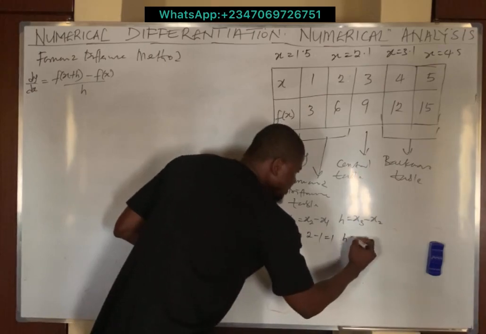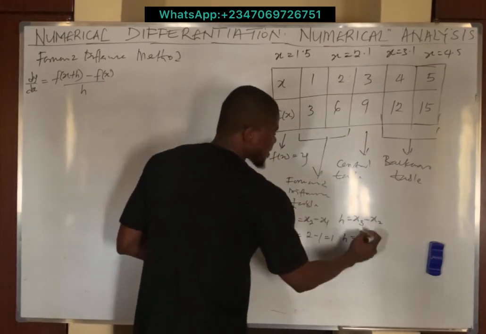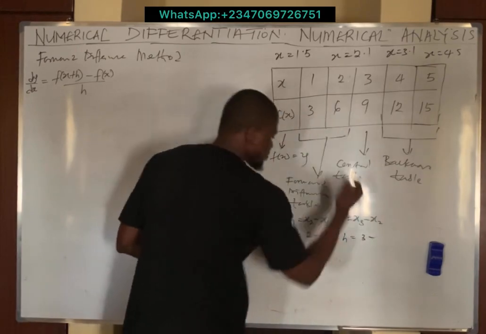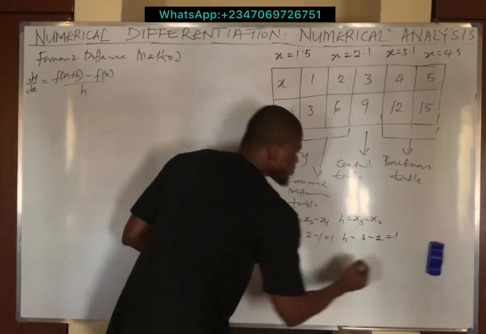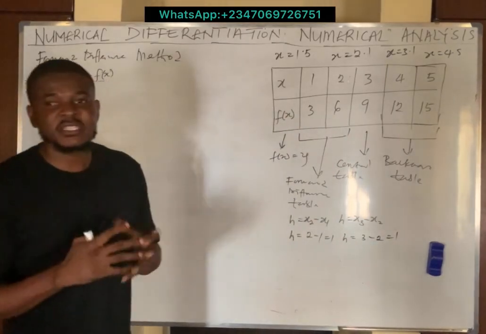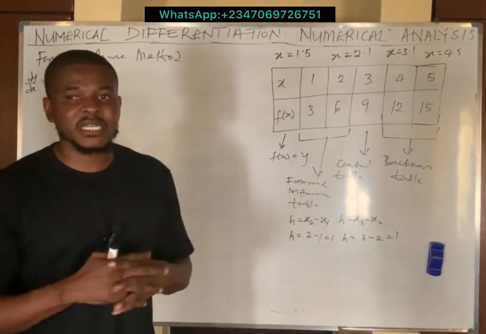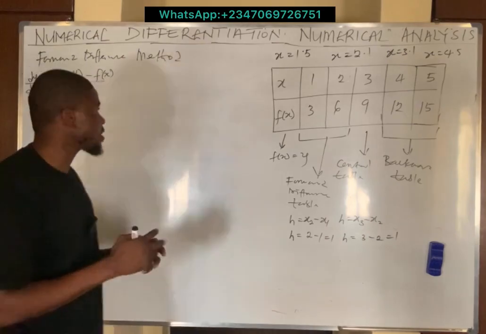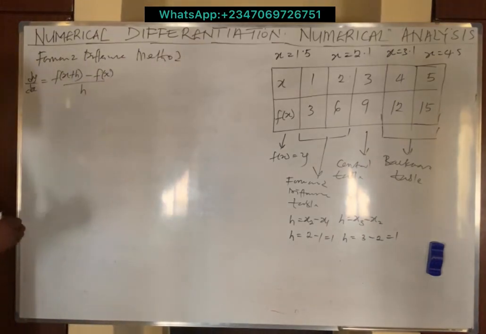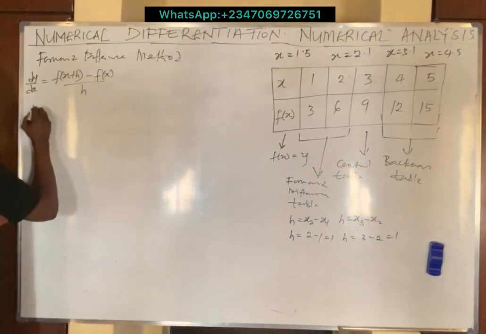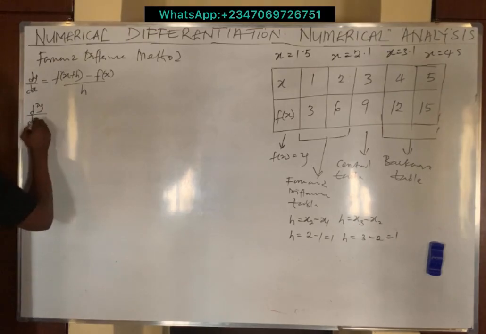Or you can simply say h is also going to be x3 minus x2. x3 is 3 minus x2 is 2. 3 minus 2 is also going to give you 1. So h simply means the step size or the interval, and it is obtained from the values of x. So you use this formula to approximate the first derivative. For the second derivative approximation, you have d squared y over dx squared.